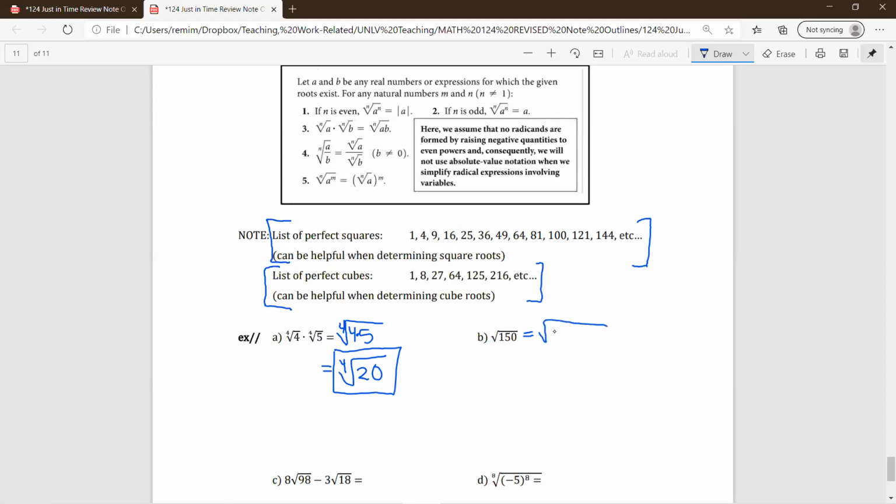So that's going to be helpful. I'm going to write it as 25 times 6. You want to find the largest perfect square, and 25 is the largest perfect square for this one. And we know the square root of 25 is 5. So I can pull that out of the root, and then I just have the 6 left over, and that can't be broken down anymore. So I'll leave it like that.